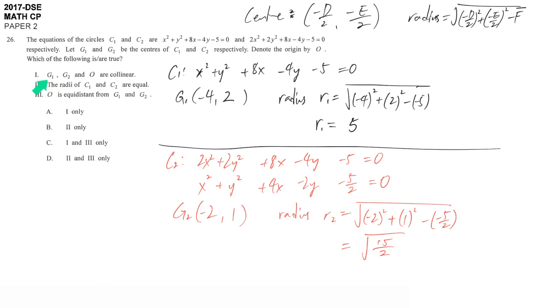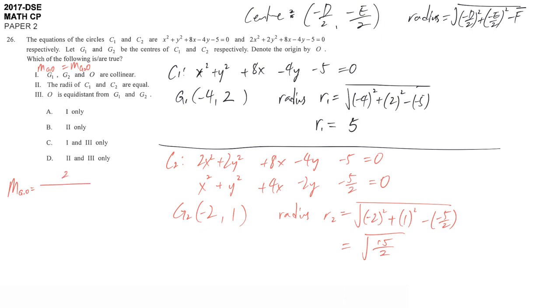First statement is G1, G2 and O collinear. Collinear, that means the slope of G1O is equal to the slope of G2O, or any other combination. That means any 2 points, their slope should be the same. That's the condition. So maybe we can consider the slope G1O.